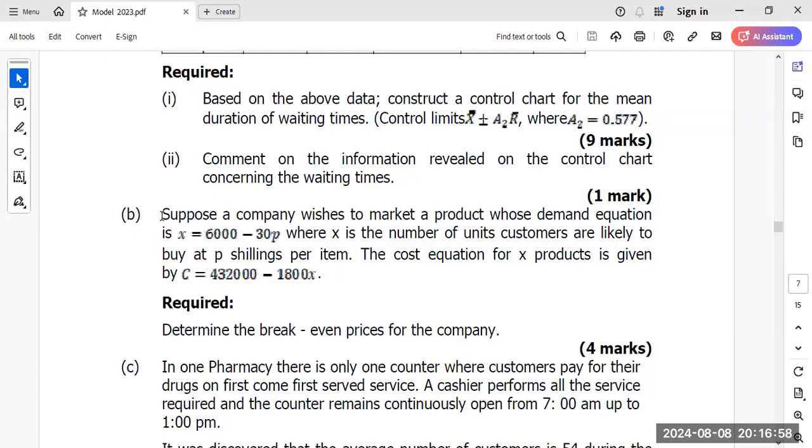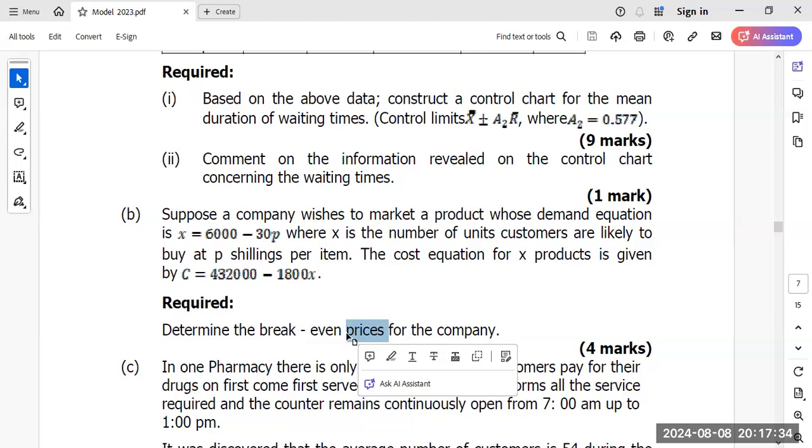This question, they are saying you determine the break-even prices, not quantity, prices for the company. Every time you see that word, it means that as you do your workings, they should be in terms of price.